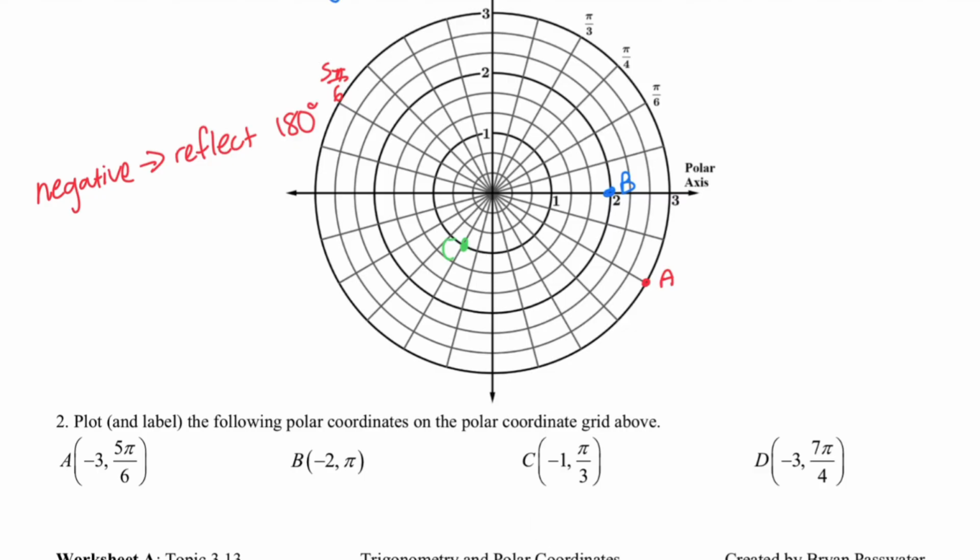And now D, -3, 7 pi over 4. If we multiply both by 3, that's 21 pi over 12. So this is 18, 19, 20, 21. So 7 pi over 4 is here. It's a -3, so we do reflect. We follow this line. Wow, it is easy to get lost.